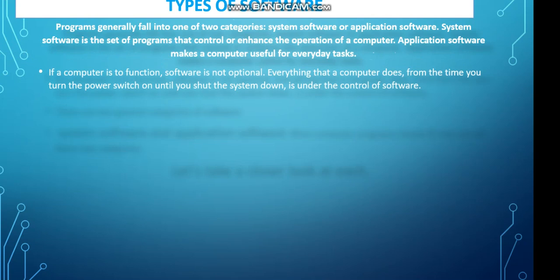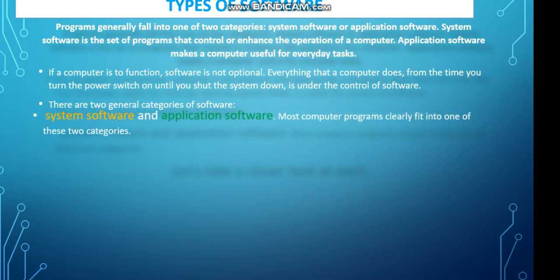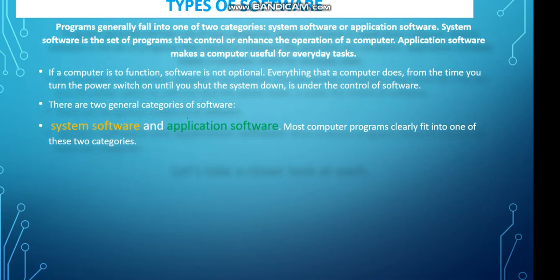If a computer is to function, software is not optional. Everything that a computer does, from the time you turn the power switch on until you shut the system down, is under the control of software. There are two general categories of software, system software and application software, and most computer programs clearly fit into one of these two categories.